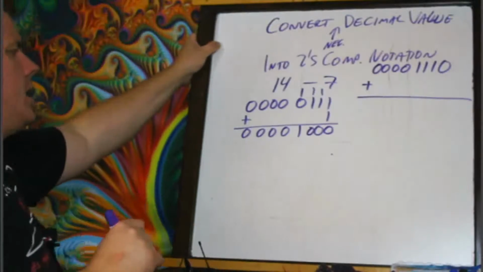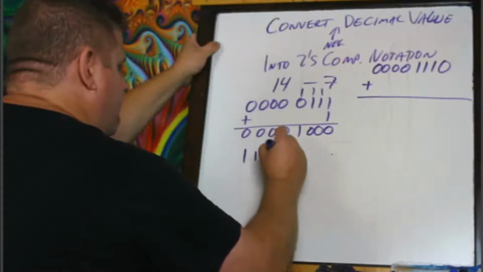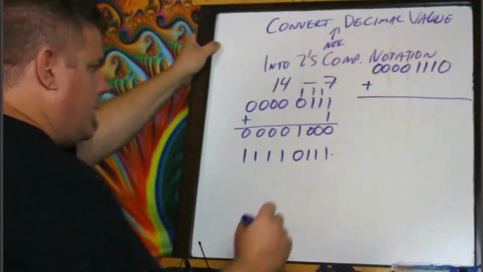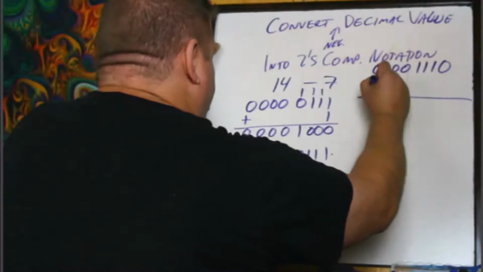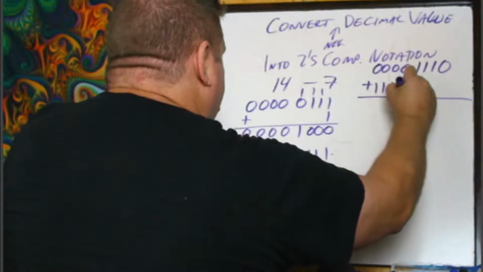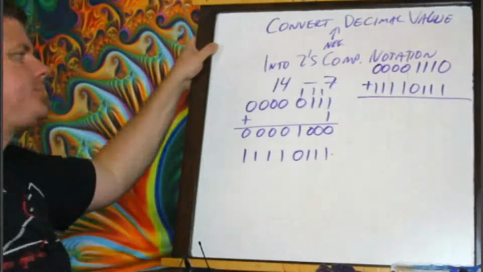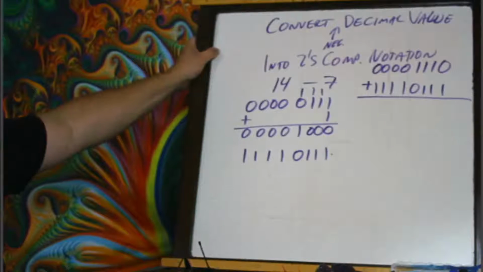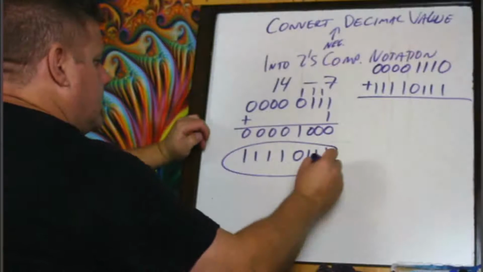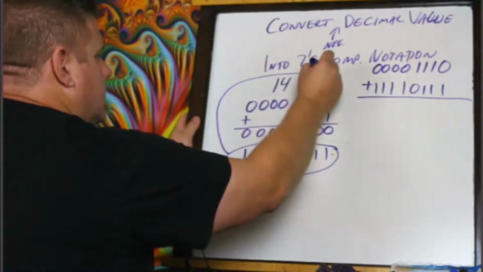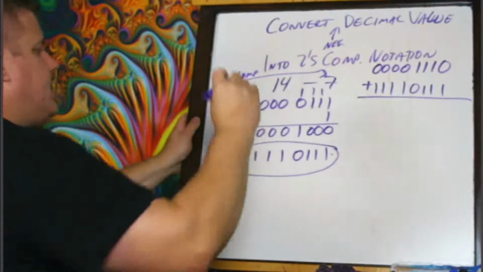Now I take this and invert all of them, so I've got 1, 1, 1, 1, 0, 1, 1, 1. So this is the 2's complement of 7.